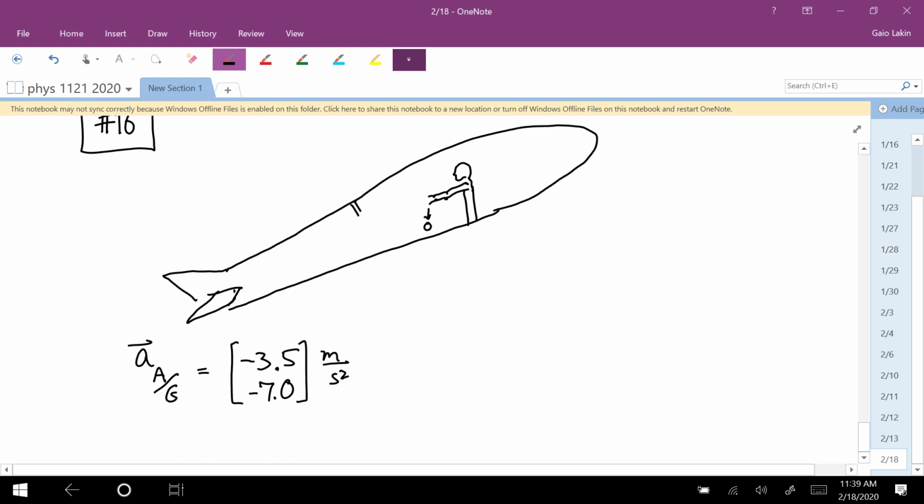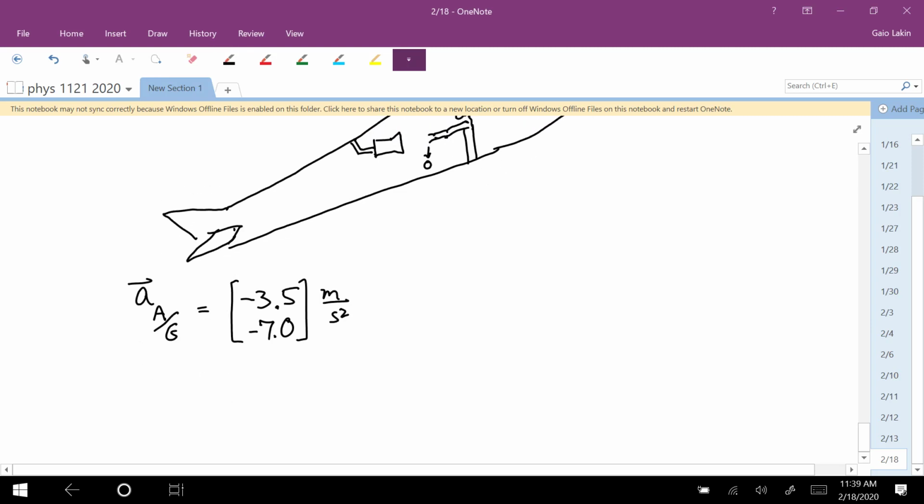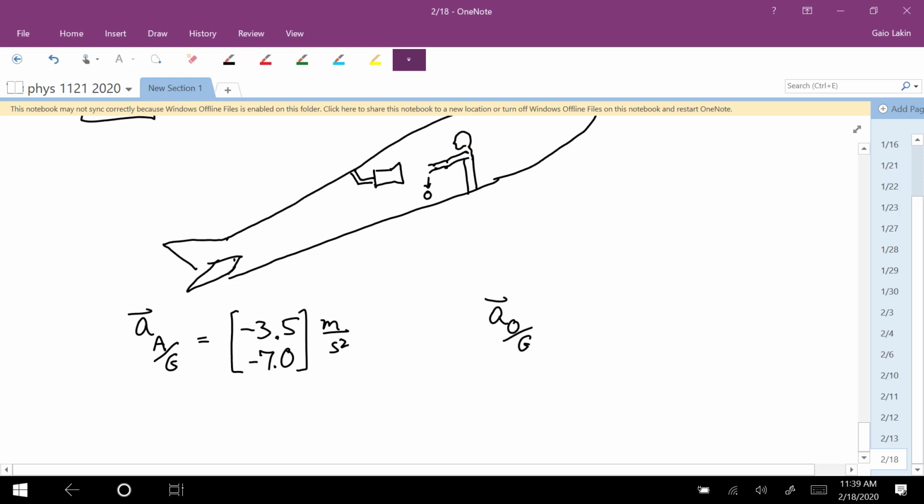So you can think of the observer as being like a camera that's watching this, measuring how it moves. We know that the acceleration of the object relative to the ground, it's in free fall. So this is just going to be 0, negative 9.81.